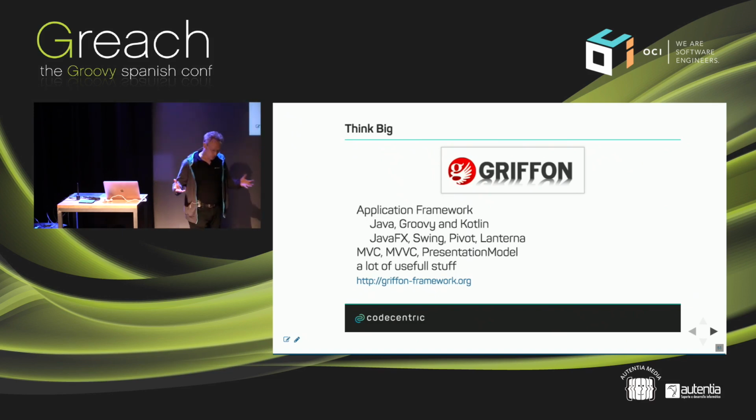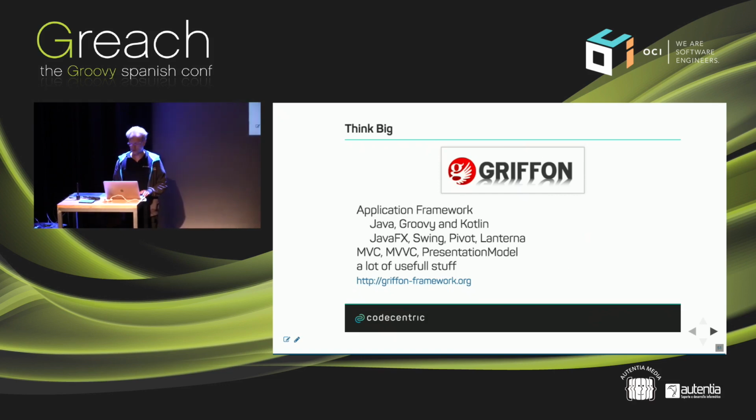But it gives you much more richness, things that you normally need, and it gives you a really good startup, and it's really, really helpful. And if you have any needs or any questions about Griffon, you can come to me or Almir, or go to the project site. Feel free.